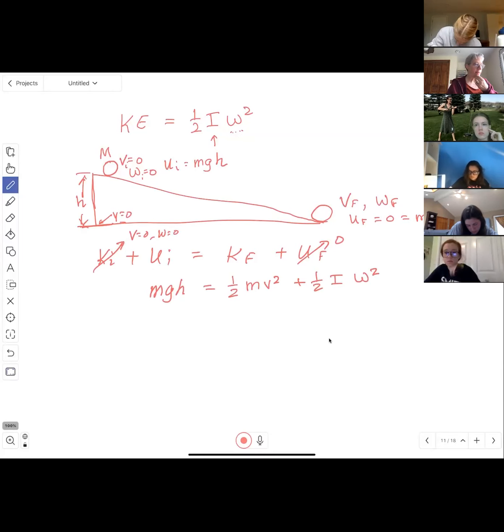One thing you can see here is that even though the heavier one has a bigger moment of inertia, because they start at the same height, it also has a bigger potential energy to start with. Maybe those two things cancel each other out. We'll see. This would be a convenient place to say that omega final would have to be the same as V final divided by R.